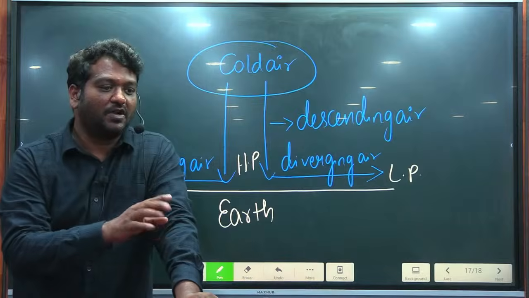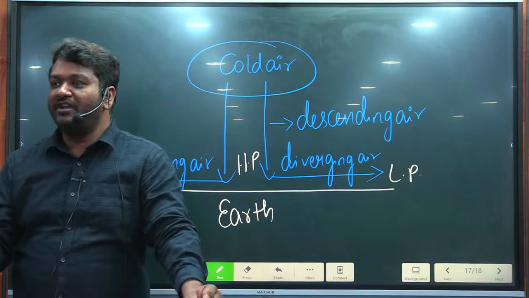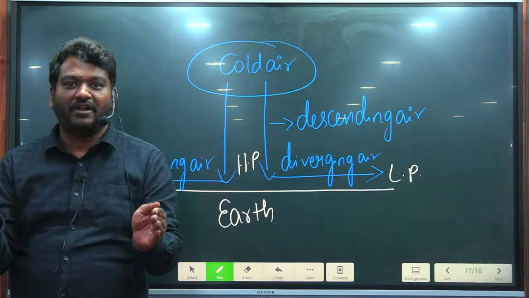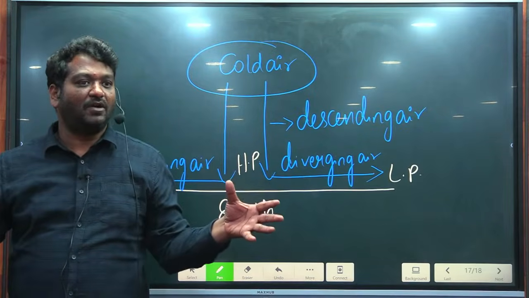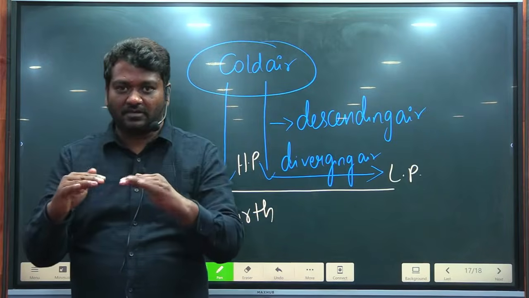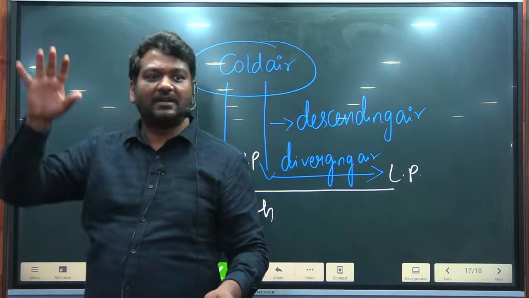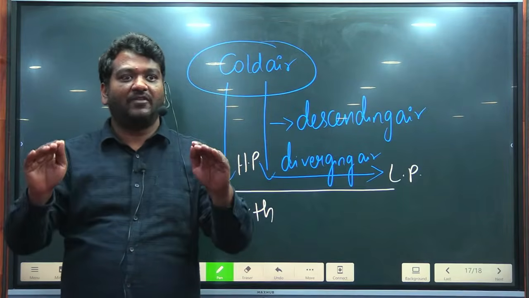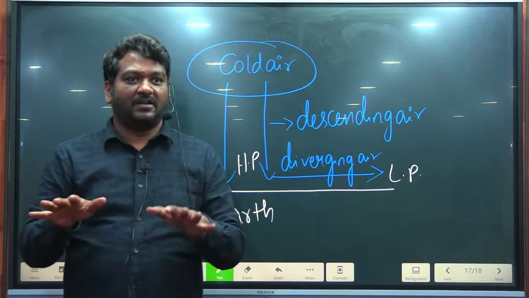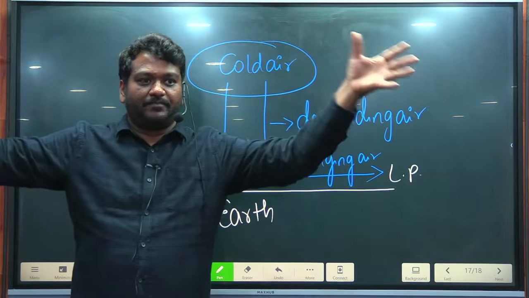Next, you saw adiabatic heating and adiabatic cooling. Whenever there is compression, it's called heating. Expansion is called cooling. In the atmosphere, closer to the earth, particles are more. As we go above, particles are less. So whenever more particles go to less particles, they can expand.